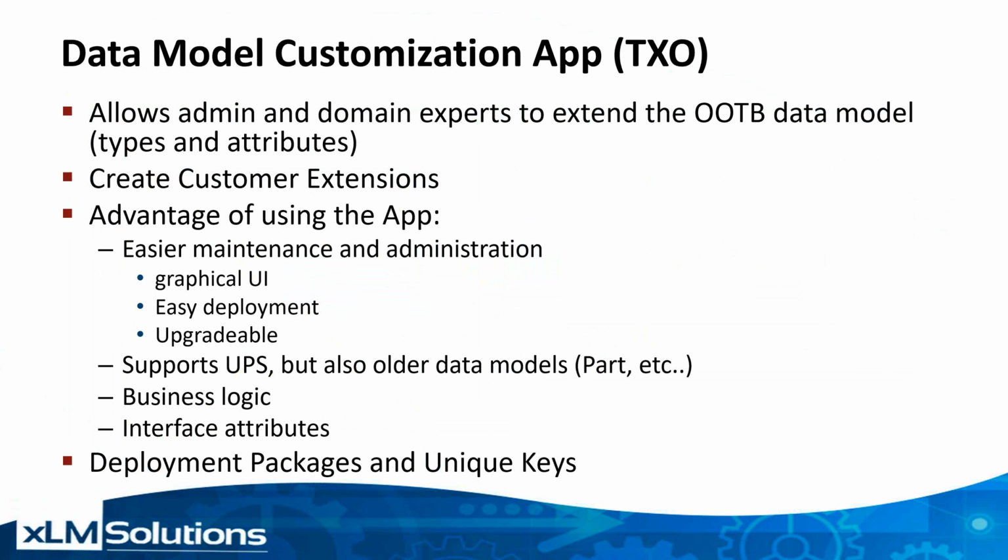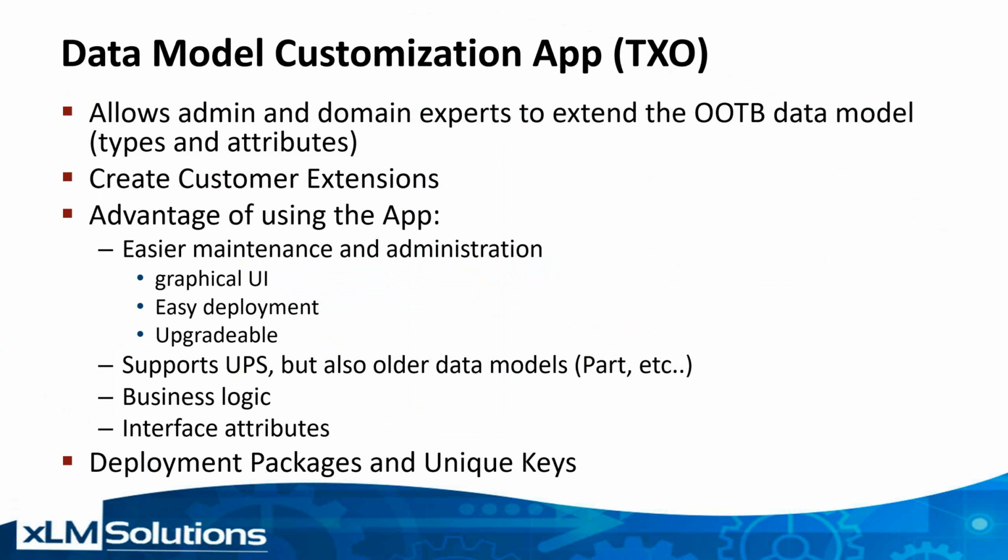So the app allows administrators and domain experts to extend the out-of-the-box data model types and attributes. Just as you used to do in the business tool, you can extend or derive types and attributes. We'll talk about some of the differences later on.